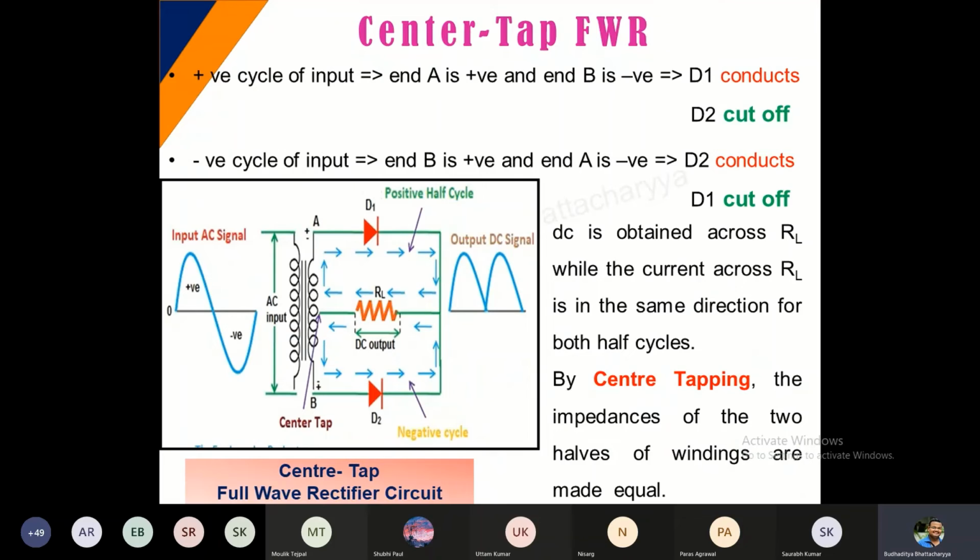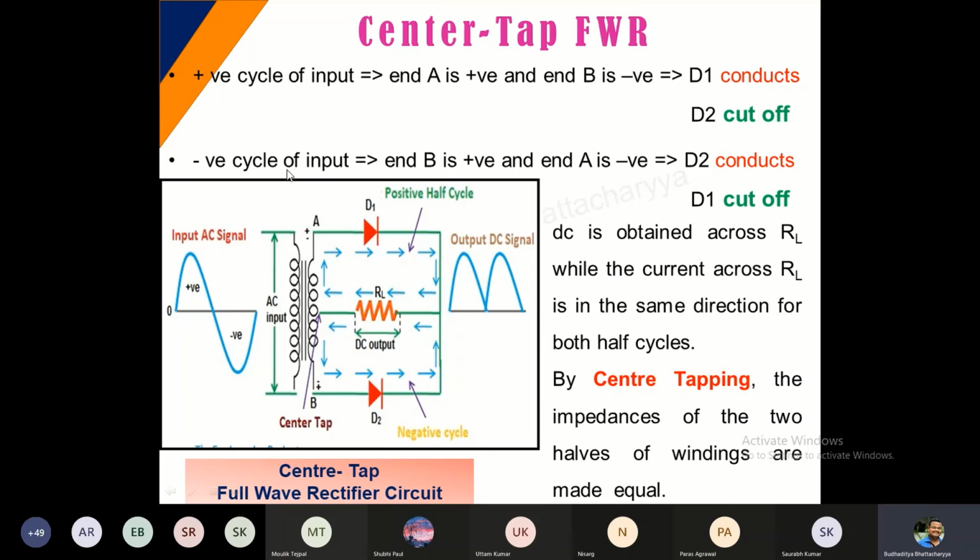This is what is mentioned over here. Positive half cycle of input, end A is positive. See the diagram, this is what I had drawn previously. So this part is working. This is A and B is negative. See, this is B, this is negative. So D1 conducts and D2 is cut off.